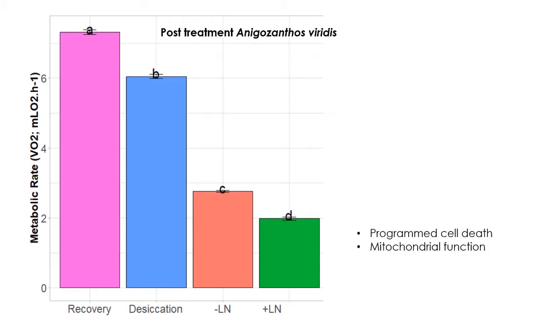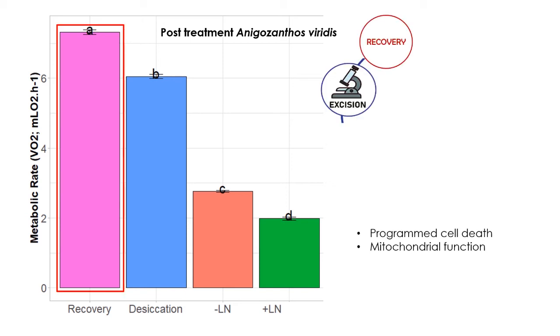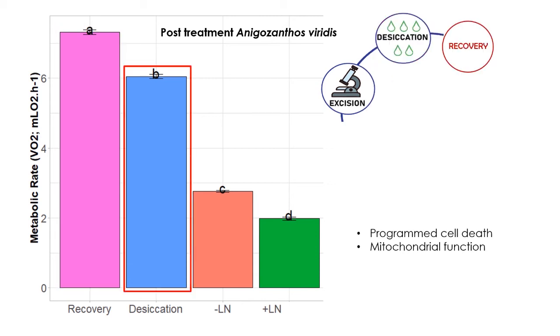So these are some preliminary results from a green kangaroo paw. The metabolic rate is on the y-axis, and along the bottom are different steps of the cryopreservation protocol. The first bar is shoot tips that have just been excised and not exposed to any treatments. Secondly, shoot tips that have been exposed to desiccation.